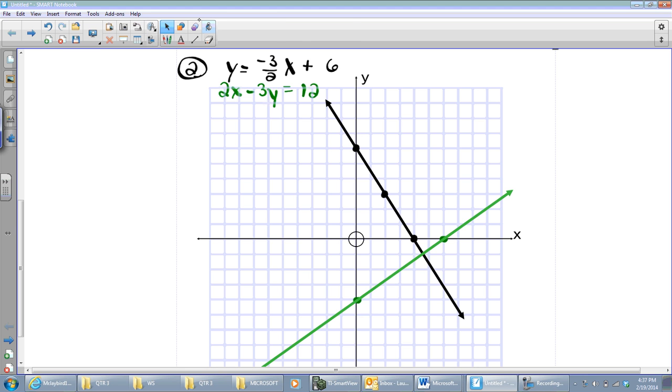Okay, I know you can't tell the exact place that they cross. You can guesstimate it. Of course, we could use our algebra. We could go 2x minus 3 over 1 times negative 3 over 2, plus 6.